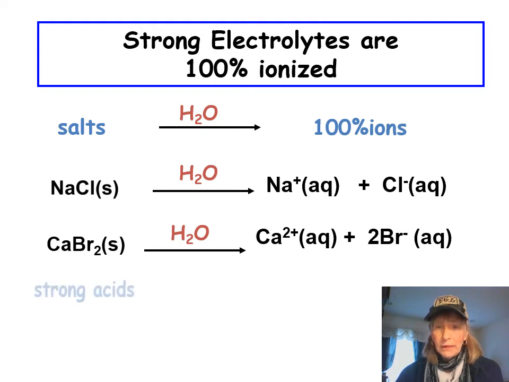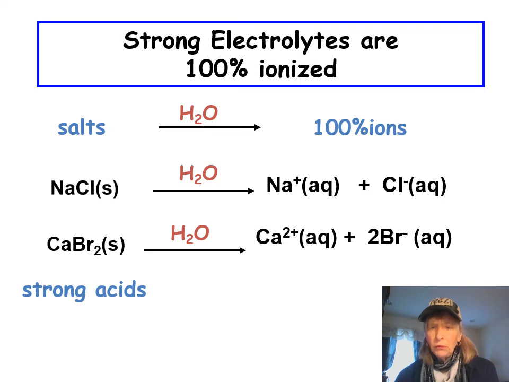What else? Let's see. Who else is a strong electrolyte? Well, strong acids, it turns out, are strong electrolytes. A couple chapters down the line, we're going to look more into the strong acids. I'm going to give you one example right now of a strong acid and show you how it is a strong electrolyte because it 100% ionizes.